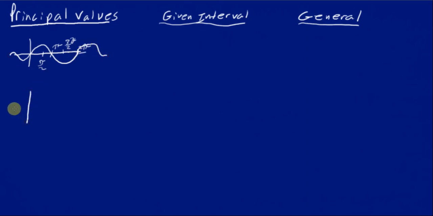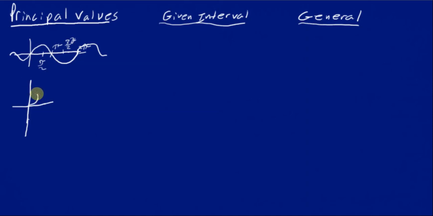What if we were to graph the inverse of this? Well, the inverse of this would be the reflection over the y equals x line with 45 degrees. It would come up, and now I'm coming up with pi over 2, pi, 3 pi over 2, and 2 pi.